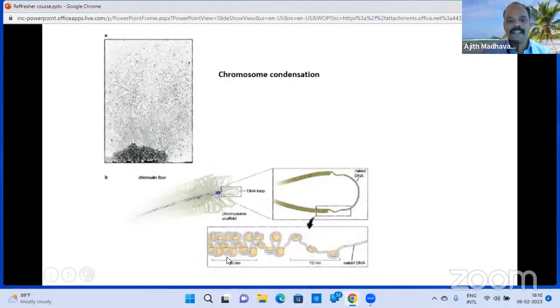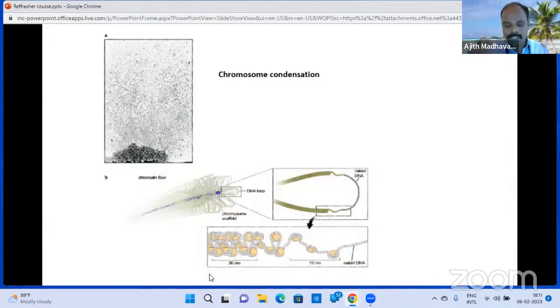Then after that, I told you, see here, the 10 nanometer fiber. So the DNA is being spooled around the histones, and it is again spooled into a 30 nanometer fiber, and the 30 nanometer fiber again spooled into a chromosome. So this helps you to understand the condensation of the DNA molecule.